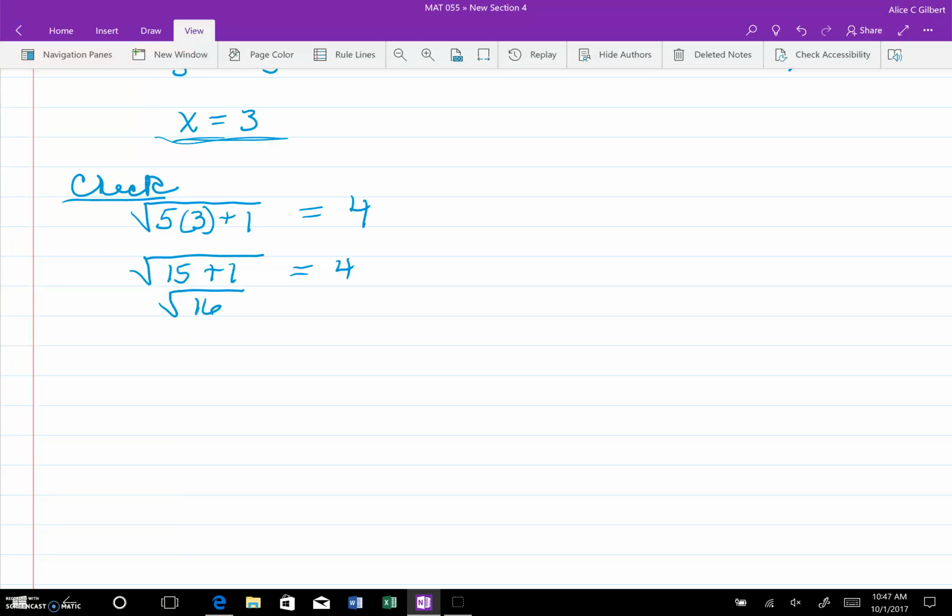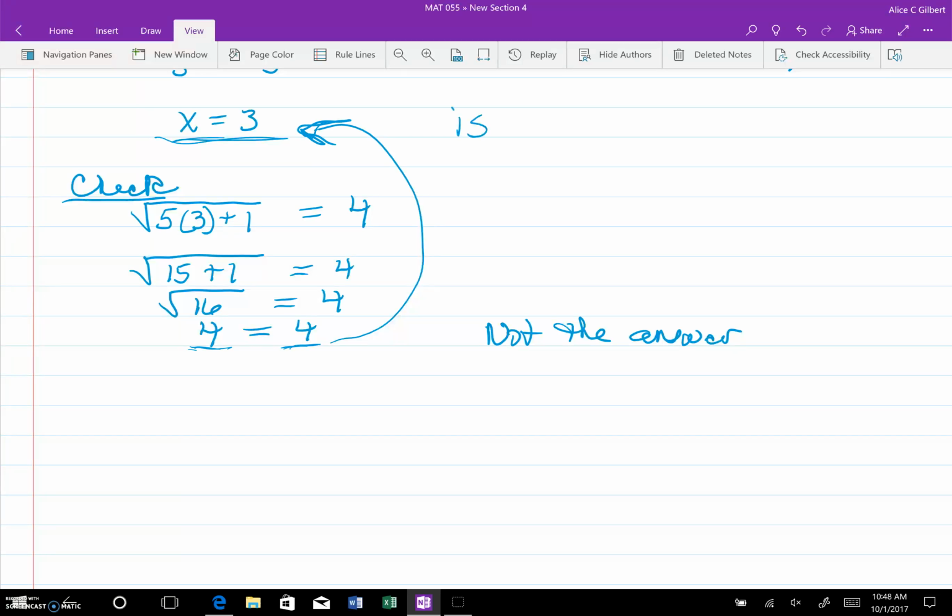That's the square root of 16. What's the square root of 16? It's 4. That means, because the 4 equals 4 are exactly the same, that's not my answer. All it means is that this answer, x equals 3, is correct. And that's the answer you can give me.